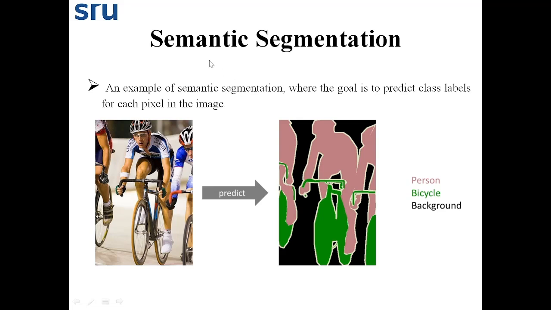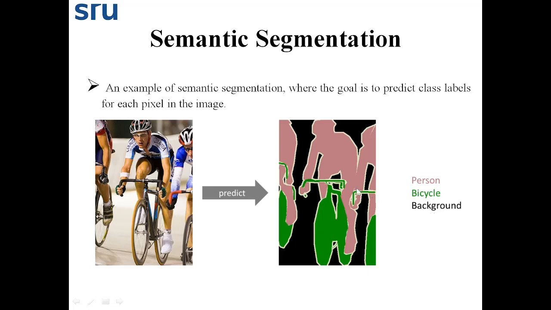Try to see here semantic segmentation. It is an example of semantic segmentation where the goal is to predict the class label for each pixel in an image. This is an image. When we do the prediction part, the image looks like this. By seeing this image, we estimate person, bicycle, background.